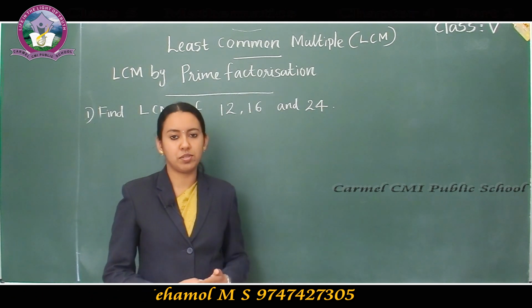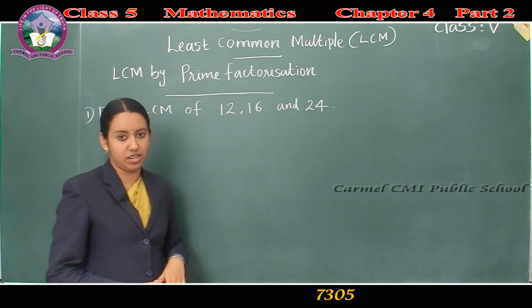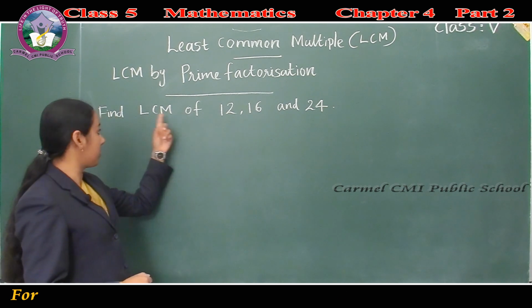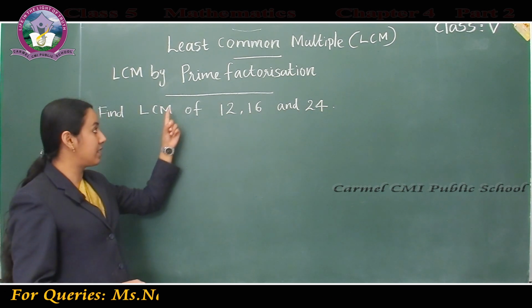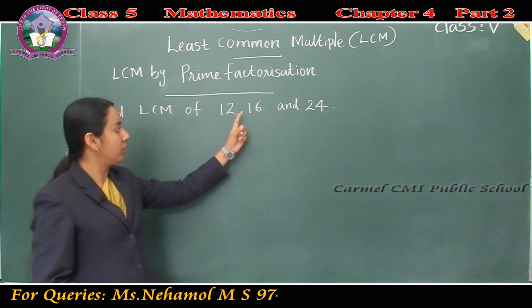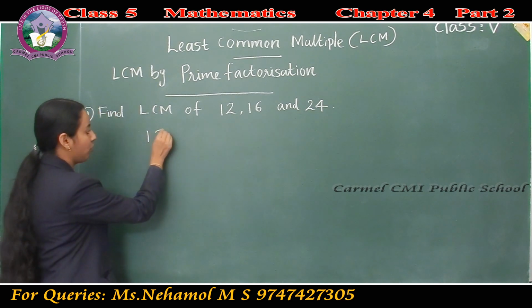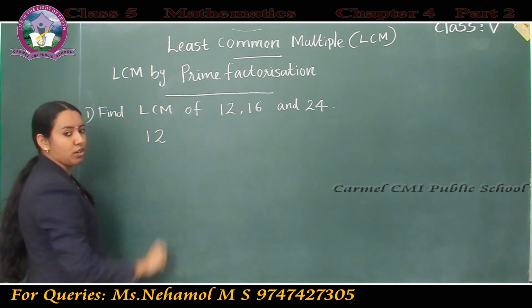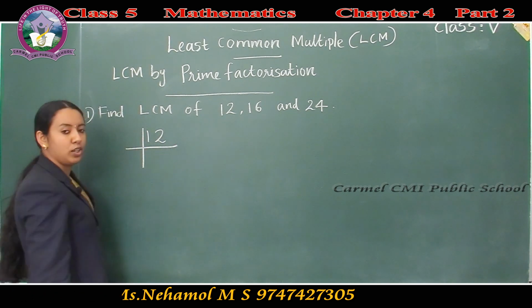Now we are going to study another method, LCM by prime factorization. We can take the same numbers 12, 16 and 24 and find LCM by prime factorization. How can we find LCM by prime factorization? First we have to find prime factorization of each of the numbers. First take 12.